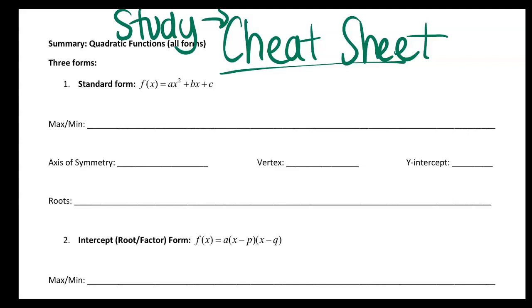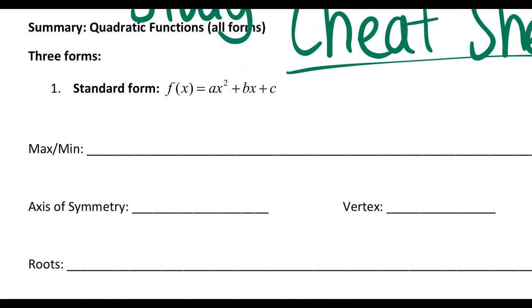So the first thing that I need to know is max or min. Nicholas, how do you know if you have a maximum or a minimum, or how can you find that if your equation is in standard form? Okay, so if you have an a value that's greater than 0, what does that mean? It's a minimum, which opens where? Yep.